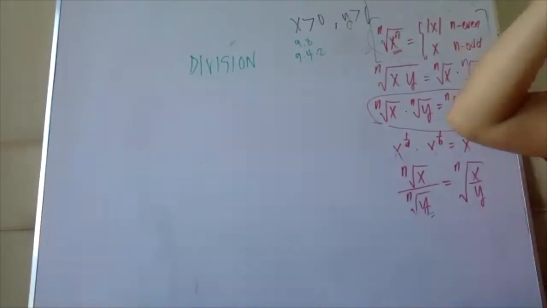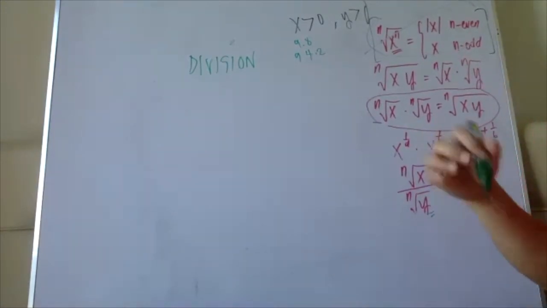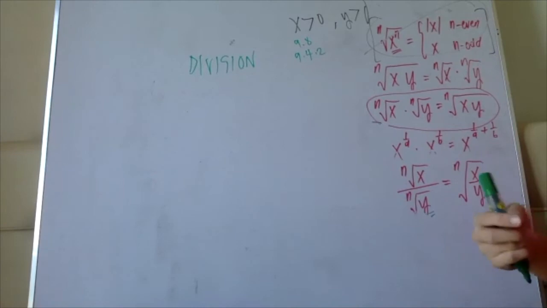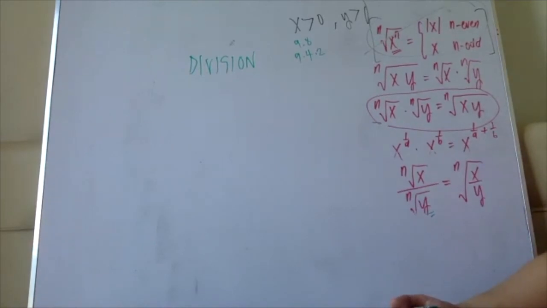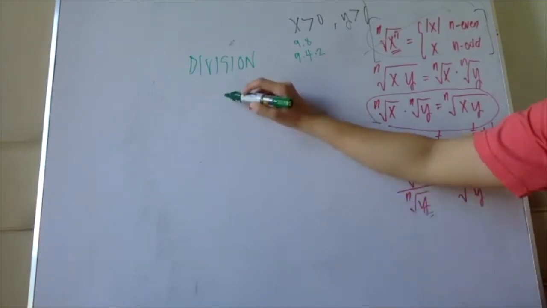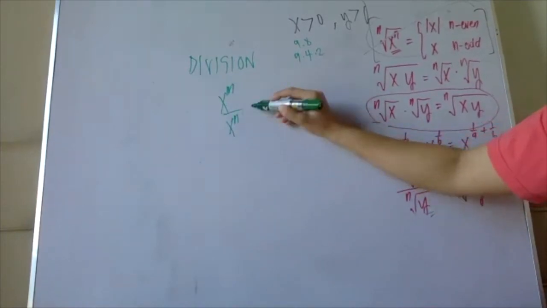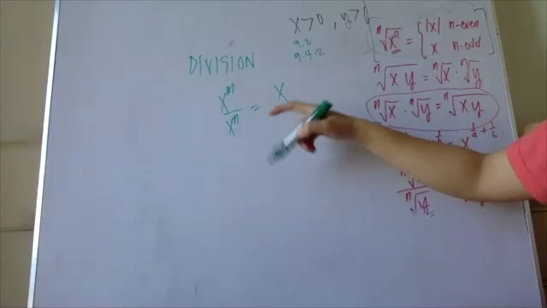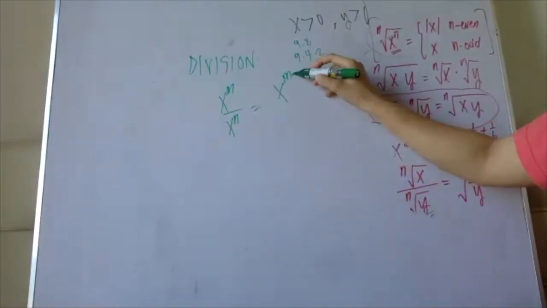Gawin muna natin mga madadaling example, tapos mag-isa tayong tuloy-tuloy na puro examples. Paano kapag magkaiba naman yung index natin? Pero, kaya kanina, may pareho tayong base. So, quotient rule, x raised to m over x raised to n, that's equal to x raised to m, exponent sa taas minus exponent sa baba.